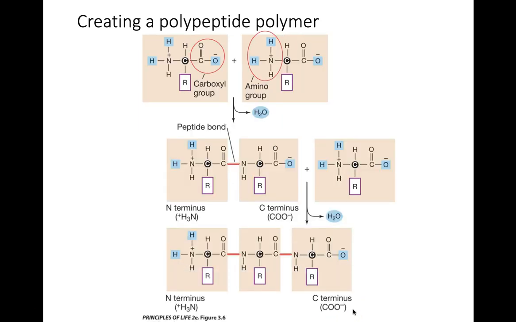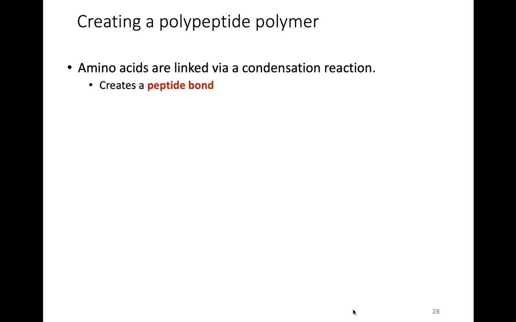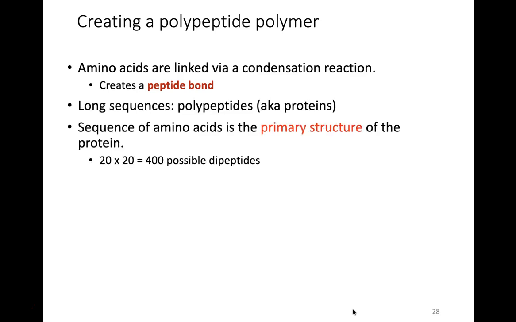And we can do that again, and again, and again, and end up with a really, really long string of amino acids. So amino acids are linked by a condensation reaction, and that bond is called a peptide bond. The sequence of amino acids is what we call the primary structure of a protein.